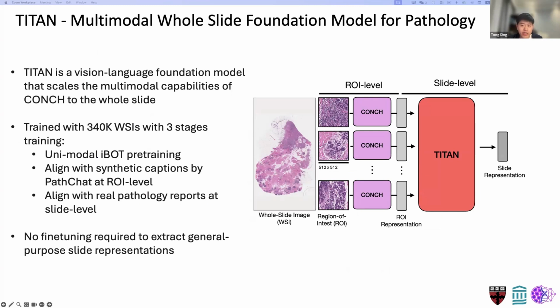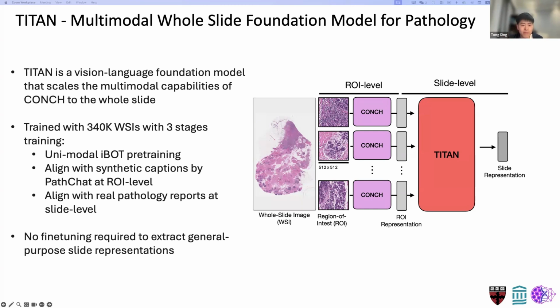TITAN is a vision language foundation model that scales the multimodal capabilities of CONCH to the whole slide. TITAN is trained with more than 340,000 slides in generally two stages. The first stage is unimodal pre-training, similar to what we did for CONCH, where we use iBOT pre-training methods to pre-train the vision encoder, followed by alignment with language.